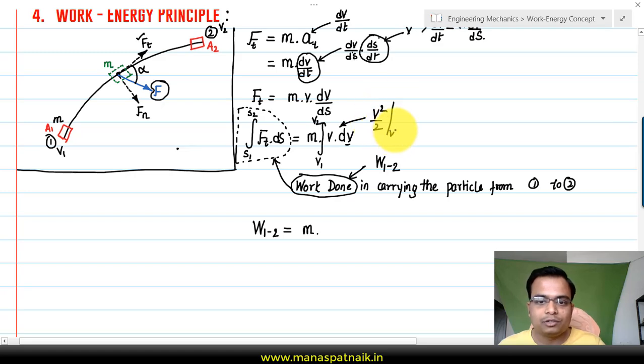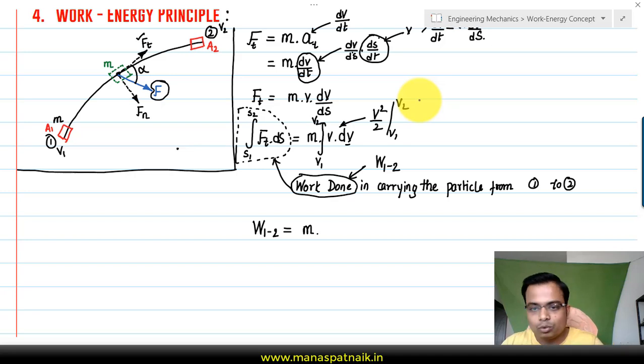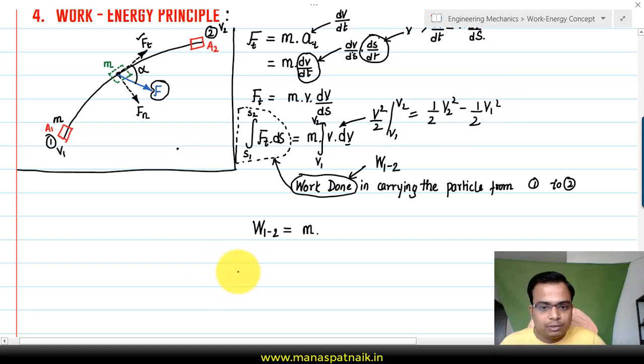It has limits from v1 to v2. So when you put in the limits, it works out as half of v2 square minus half of v1 square. Taking that 1 by 2 as common, half of v2 square minus half of v1 square.